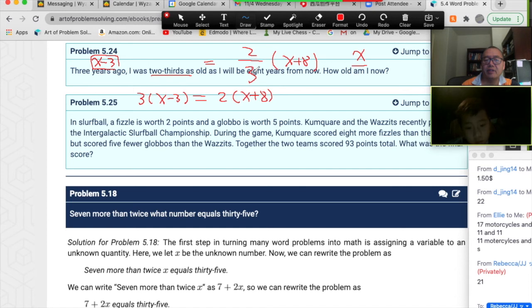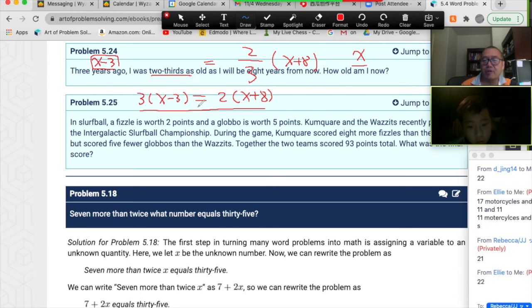So you can see in this equation now, all coefficients are integers, no fractions. This will be much easier to solve than the original one. Then here you expand it. You get 3x minus 9 equals 2x plus 16.